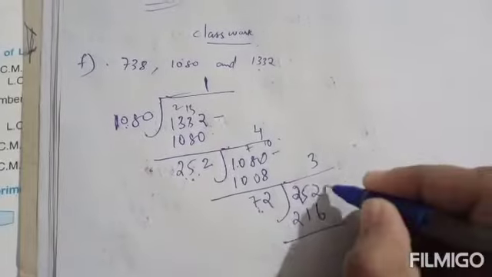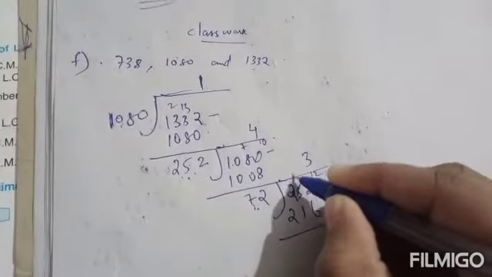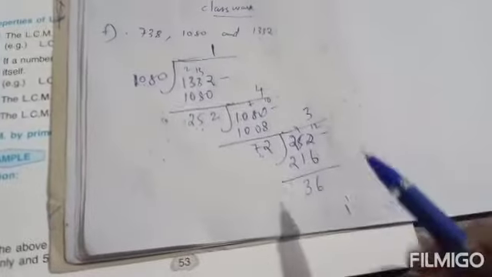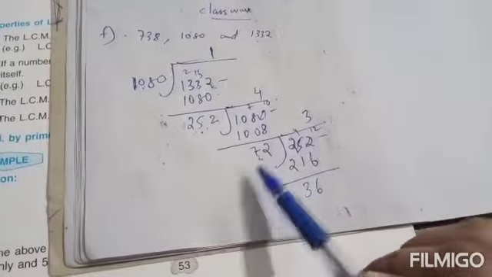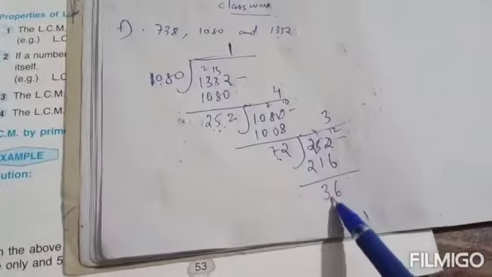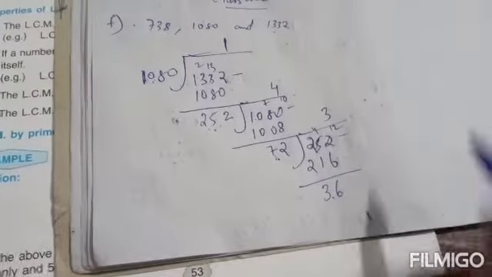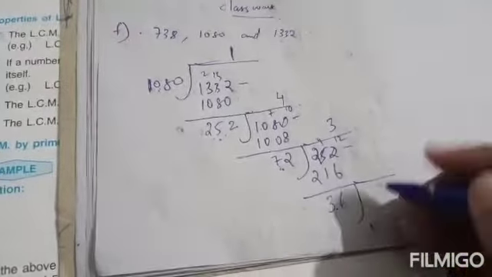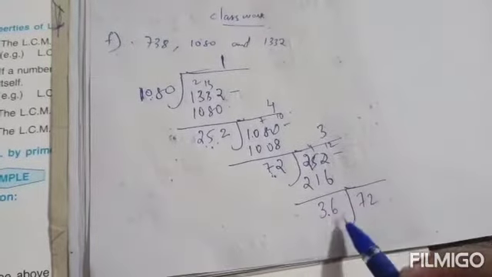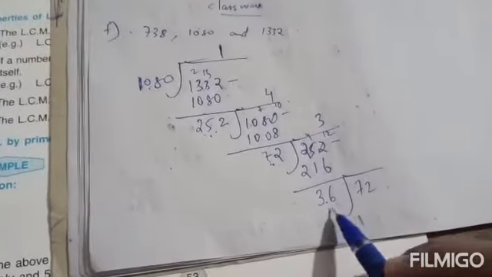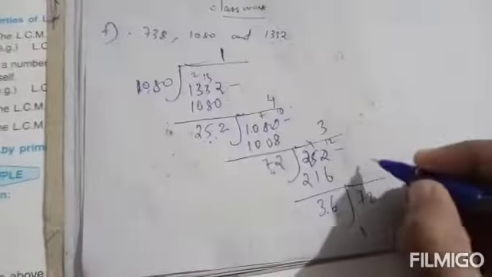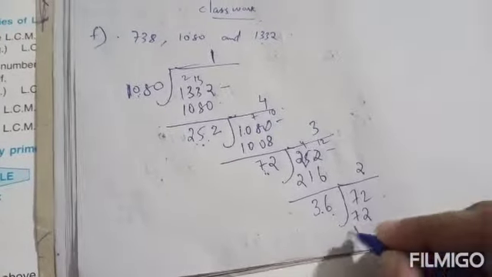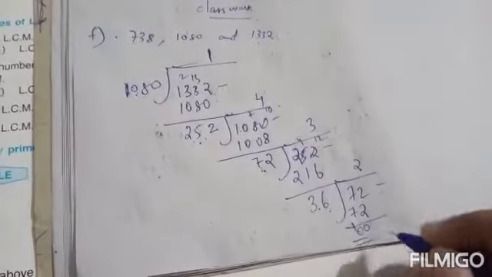Okay, now subtracting, what you will get? 36. Okay, now divide the last divisor, that is 72, by this remainder 36. The last divisor will become the dividend, the last remainder will become the divisor. Now 36 into 2, it is 72. So subtracting, you will get 0.